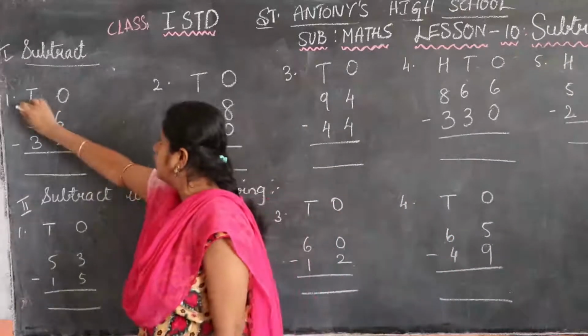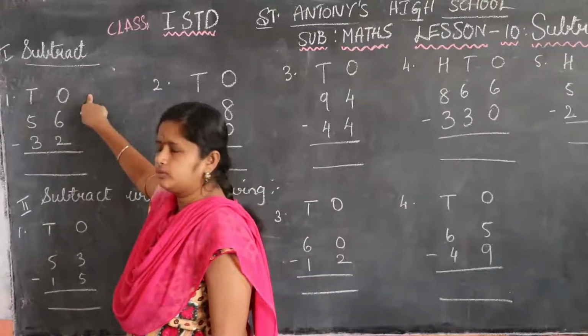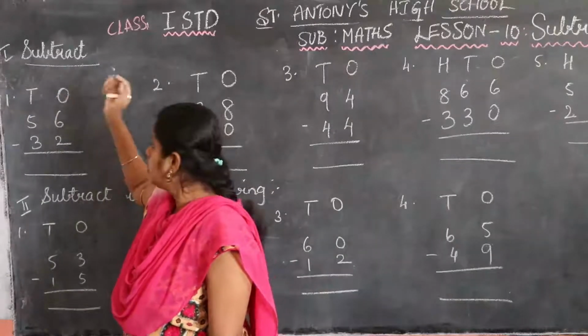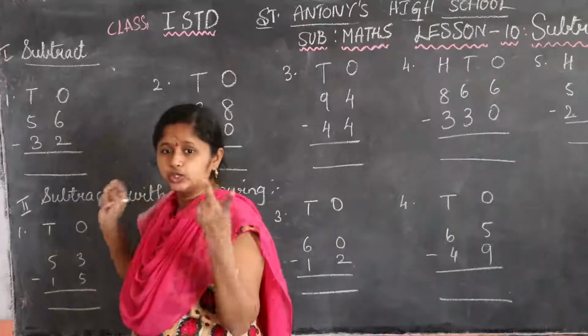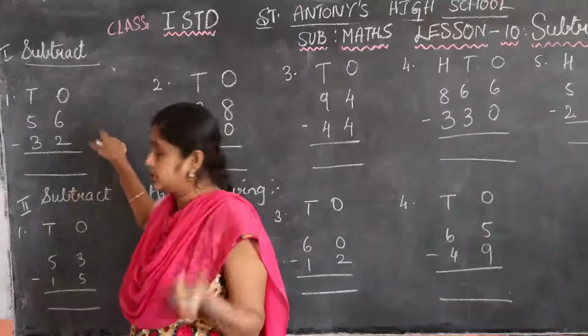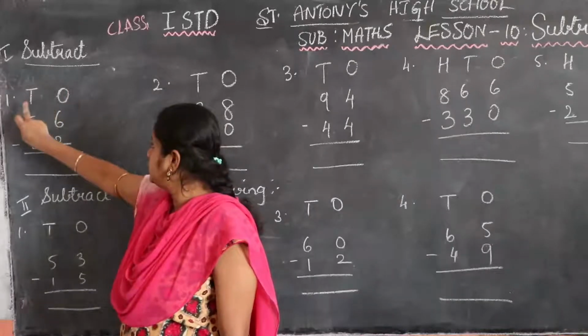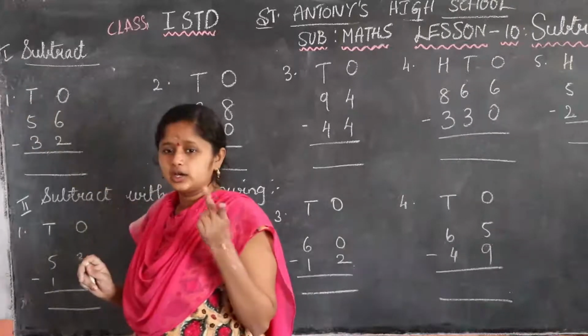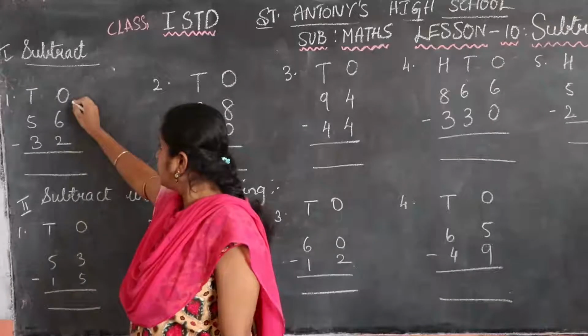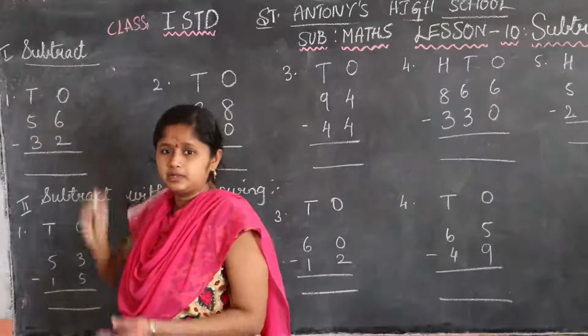So here, how many digits are there? 2-digit numbers are there. What are they? Ones and tens. Two places are given. What are they? Ones place and tens place.